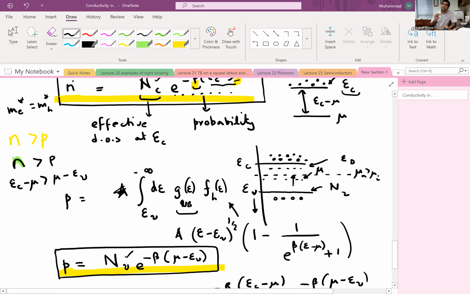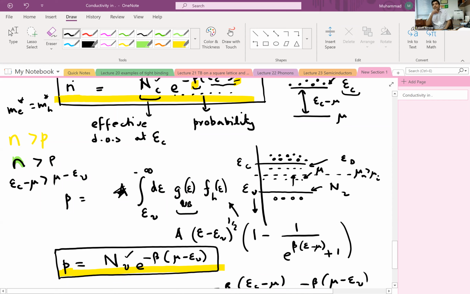So the chemical potential is a measure of the number density. If the number densities of electrons and holes are exactly the same, as in an intrinsic semiconductor, the chemical potential is right in the middle. If you have more n-type majority carriers, the chemical potential is shifted towards the conduction band. If you have more holes, it is shifted downwards towards the valence band.